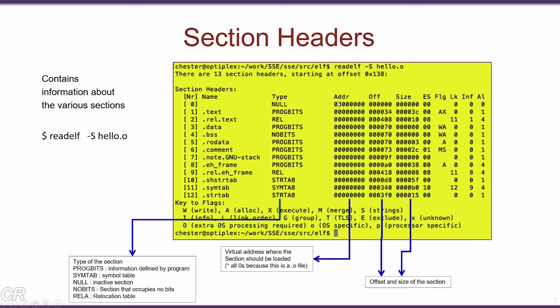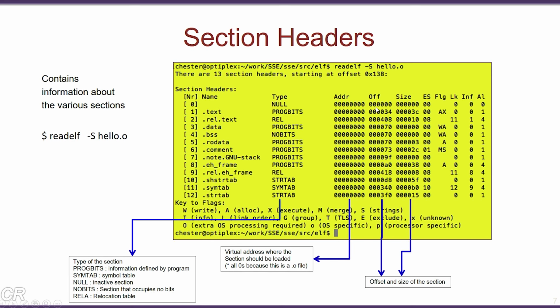You have another entry which is known as the address. This corresponds to the virtual address for the various sections within the object file. Note that since this is hello.o, an object file, each of these sections is relocatable. Therefore the addresses present over here are all 0. Then you have two columns, one for the offset and the other for the size.